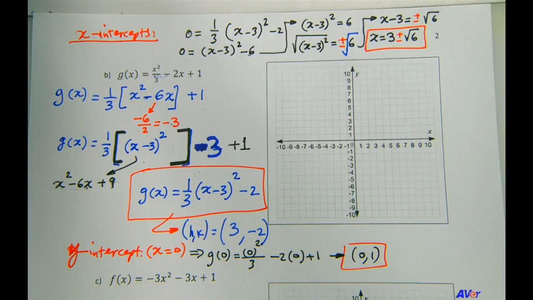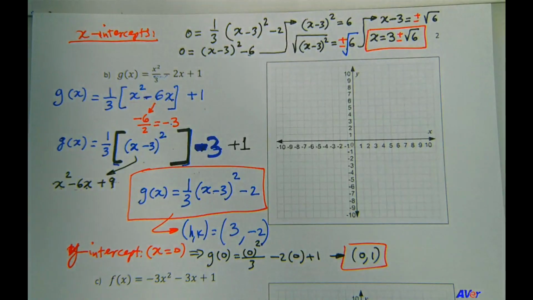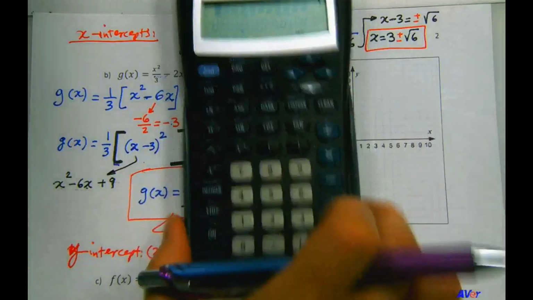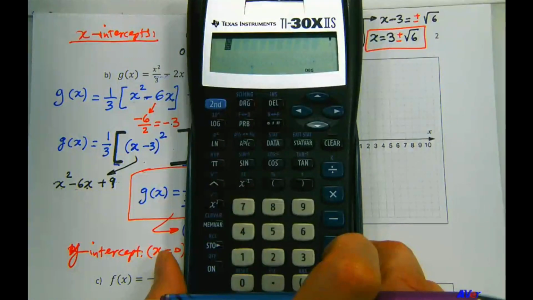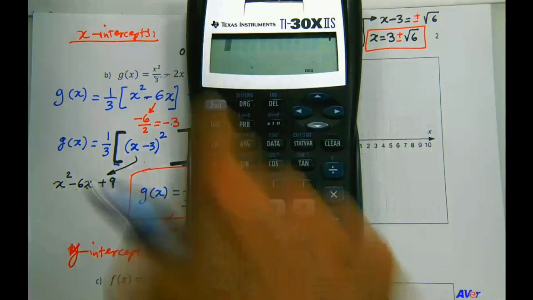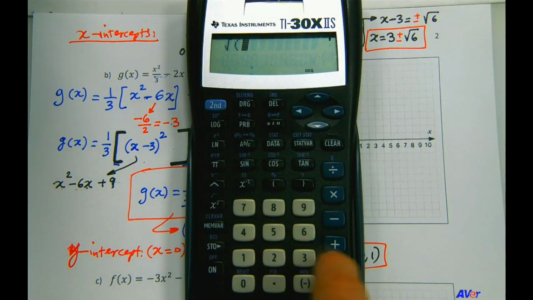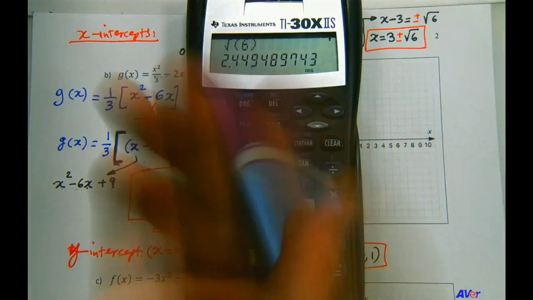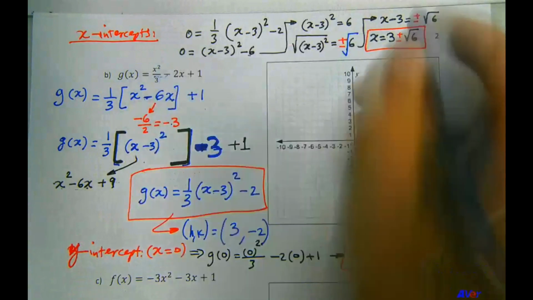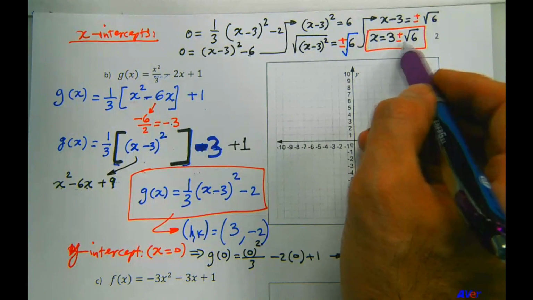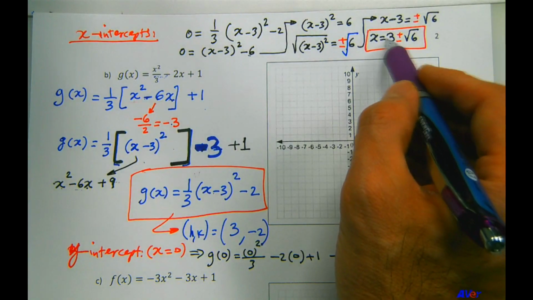So the square root of 6 is 2 point something, right? As a matter of fact, if you want, we can take the square root of 6 here. The square root of 6 is about 2.4, so let's round it to 2.4. So 3 plus or minus 2.4, we have a rough idea of what this is going to be.